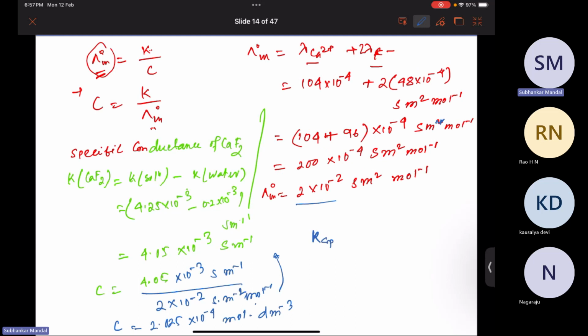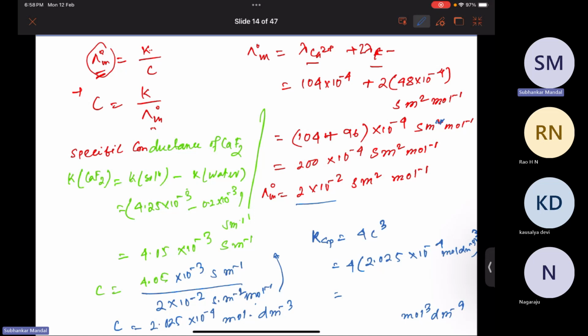So Ksp is 4C cube, that is 4 into 2.025 into 10 to the minus 4 mole per decimeter cube, that whole cubed. So how much will this be? Can anyone calculate? The answer will be in mole cube per decimeter to the power 9, 10 to the minus 9.